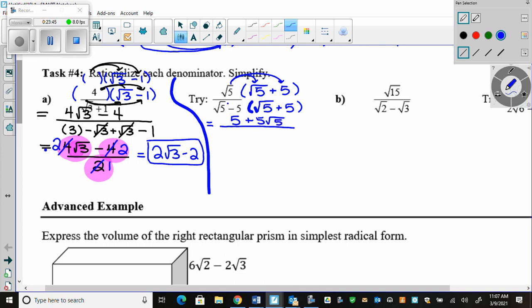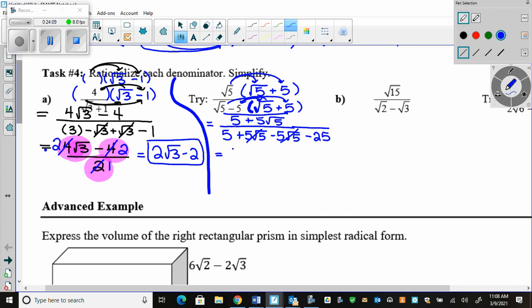And then on the bottom I'm going to get root 5 times root 5, which is 5. Outside, root 5 times positive 5 is 5 root 5. Inside, root 5 times negative 5 is negative 5 root 5. And they cancel, which makes me happy, or else I did something wrong. And then negative 5 times 5 is negative 25.